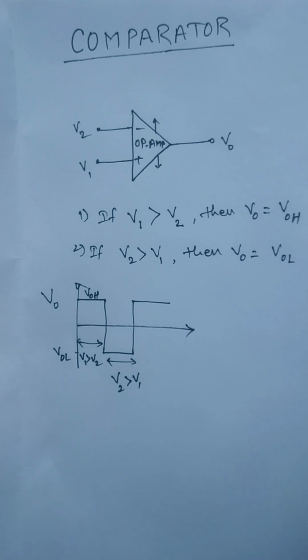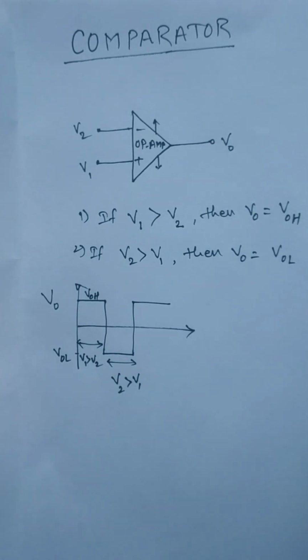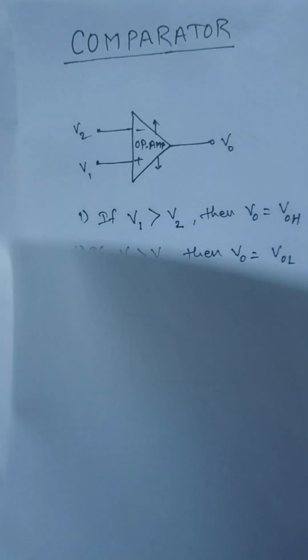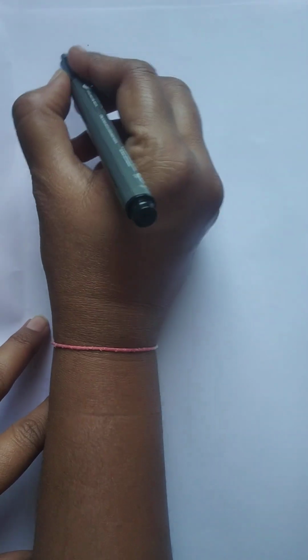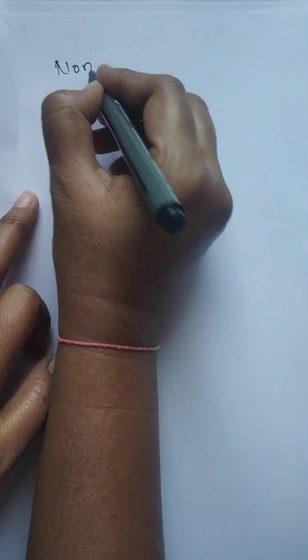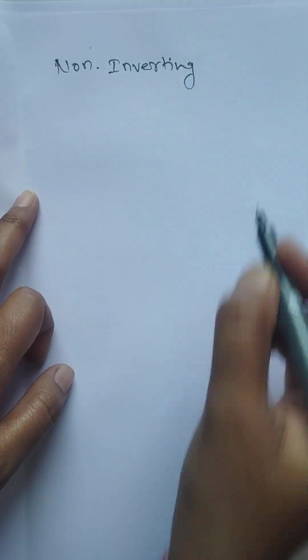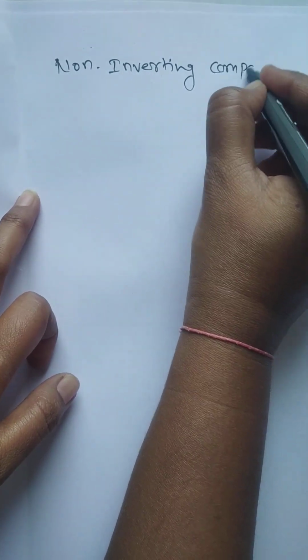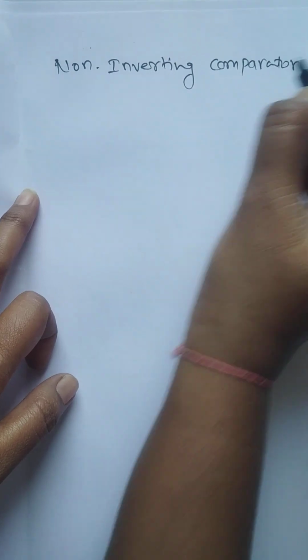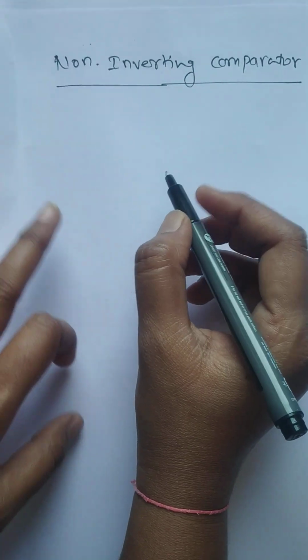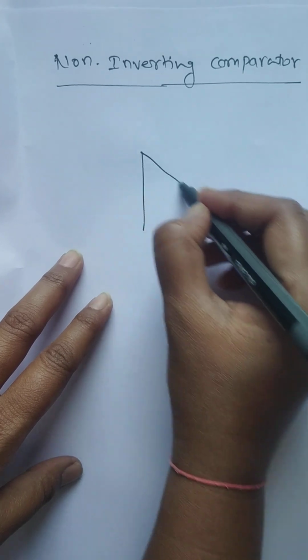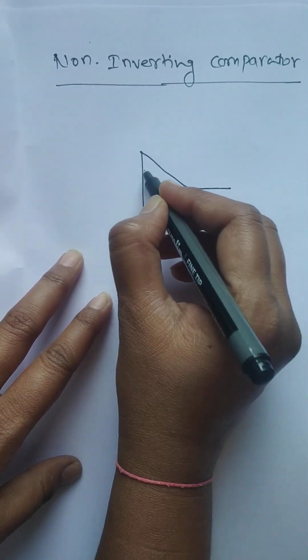Now let us move towards the non-inverting comparator. Now again, how to draw the circuit diagram? Now as it is a comparator, of course we have to draw an open loop op-amp.